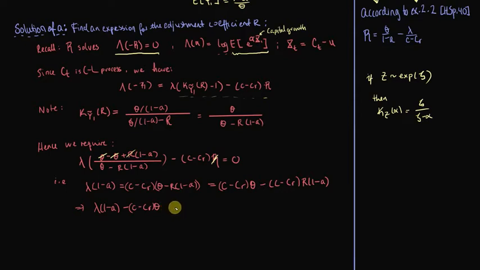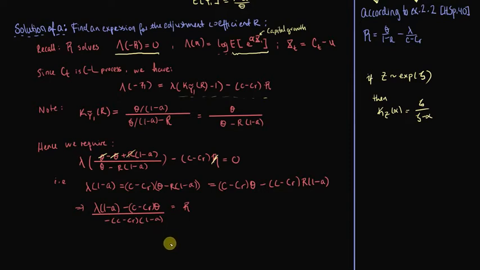We want to isolate r, so we shall have to divide by minus c minus cr multiplied by 1 minus a.